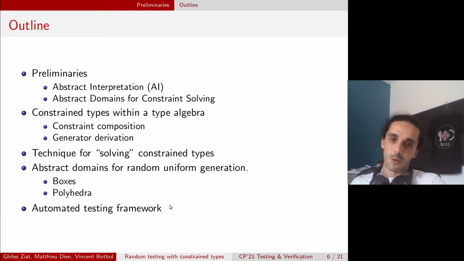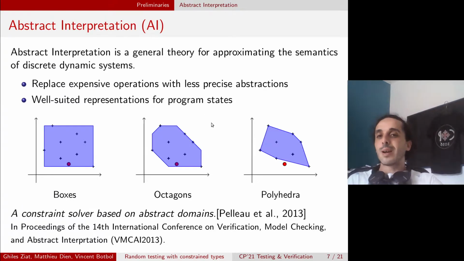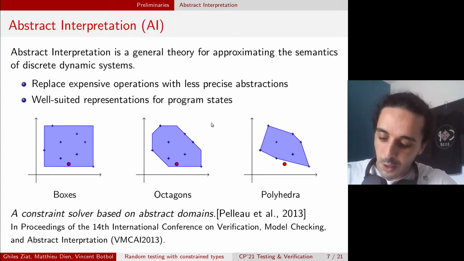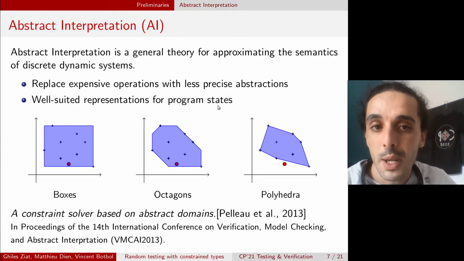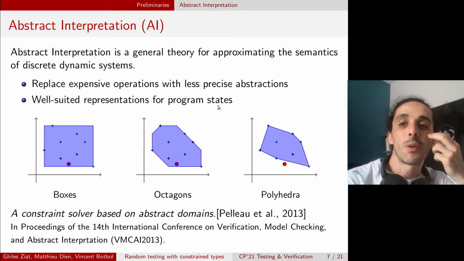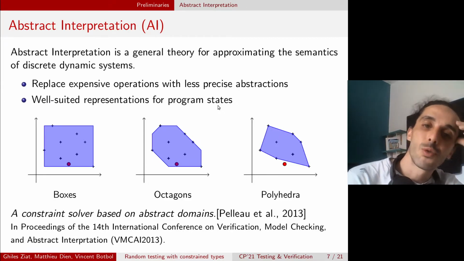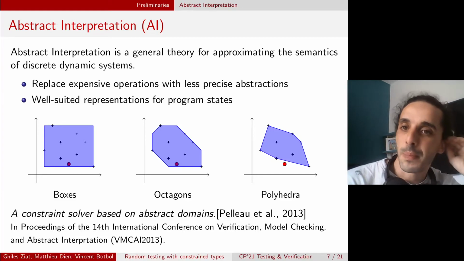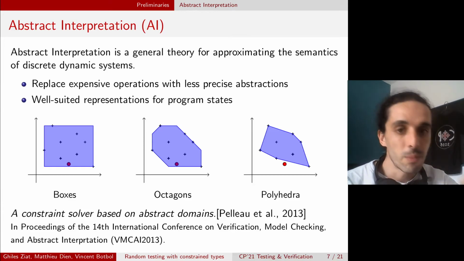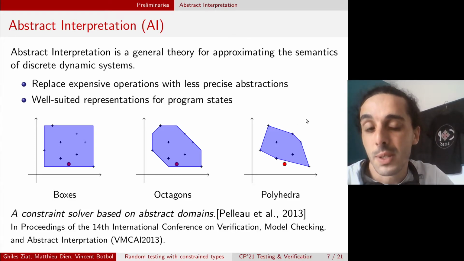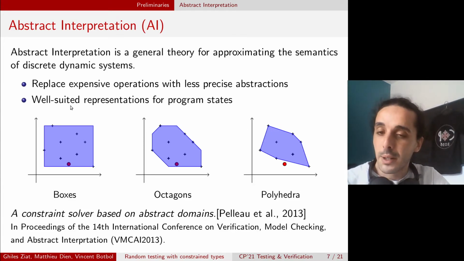implementation and the benchmarks. Abstract interpretation is a field of static analysis of programs in which the main idea is to prove properties by replacing expensive operations with less precise abstractions.